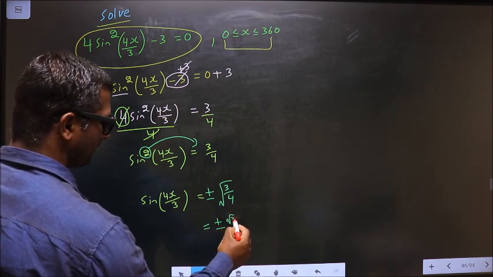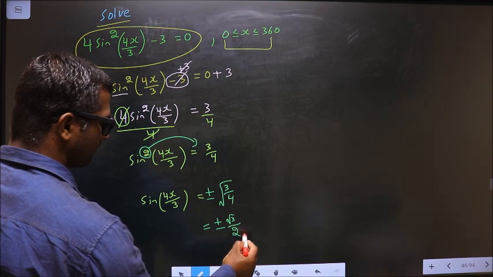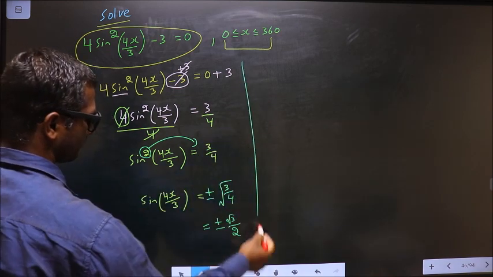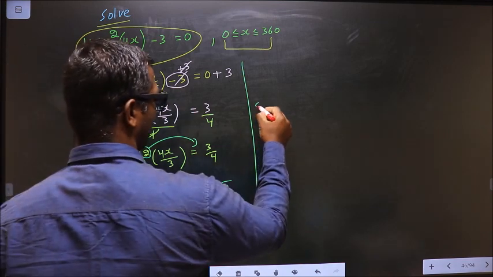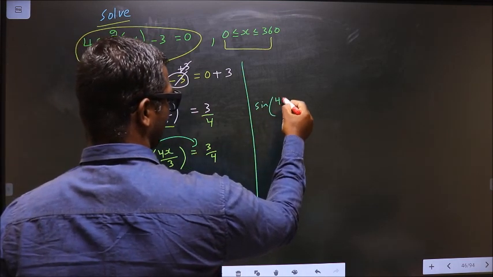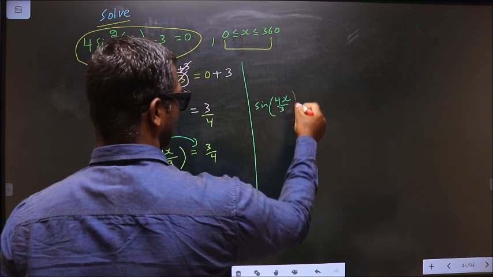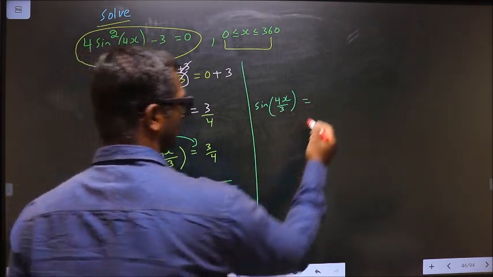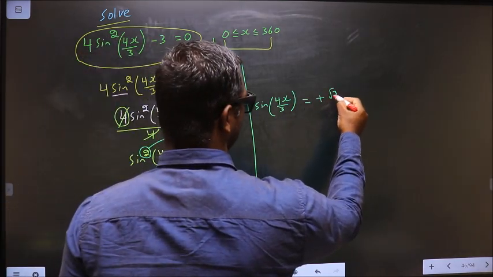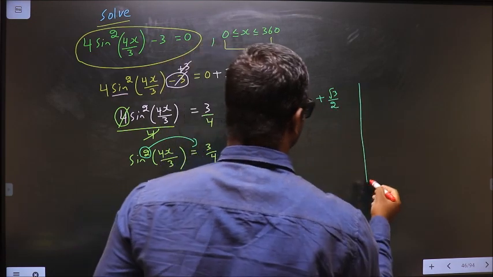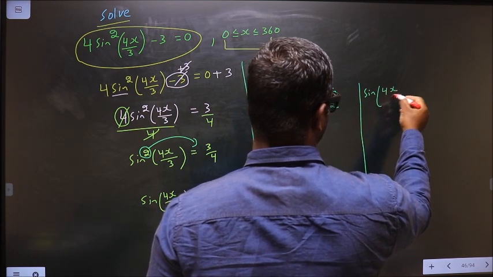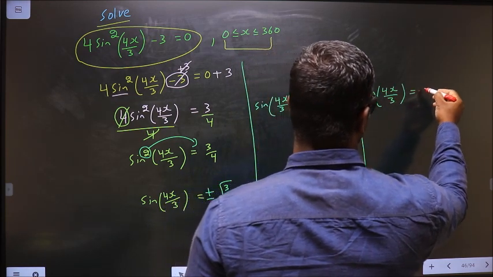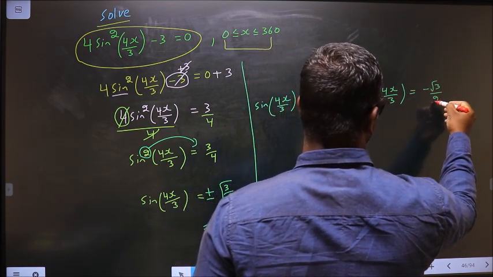Square root 3 will remain, and square root of 4 is 2. So now we got sin(4x/3) = plus root 3 by 2, and sin(4x/3) = minus root 3 by 2.